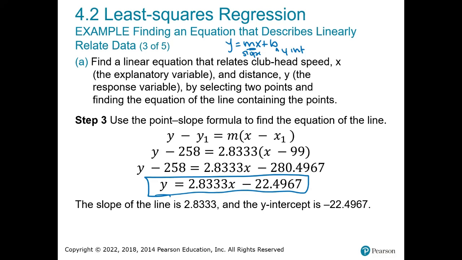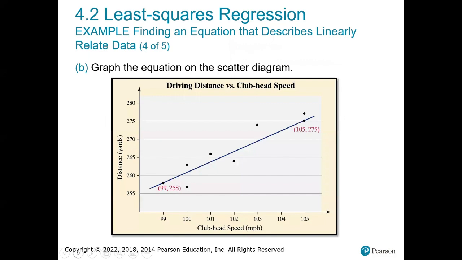All right, so we would have already drawn the line, because I would have picked my 2 points and drawn my line through them. That's what they did here. Okay. Once you have your equation, you could then use it to make predictions.